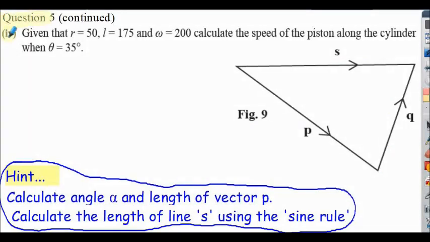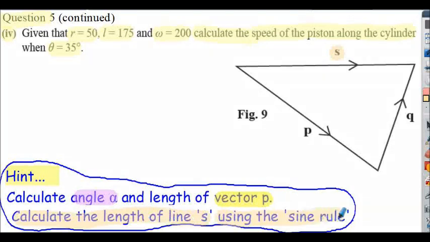Question 5 part 4, we're given the value of R, L, angular velocity omega and angle theta. We have to calculate the speed of the piston along the cylinder. So in other words, we have to calculate S. The hint in the question is to first of all find angle alpha and calculate vector P, from which we can then calculate the length of S using the sine rule.